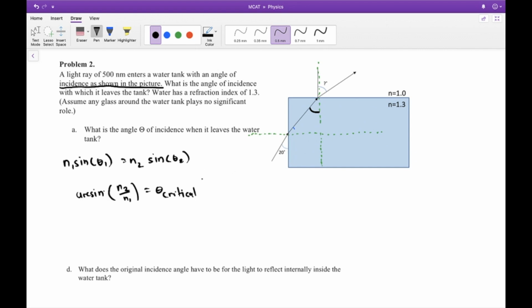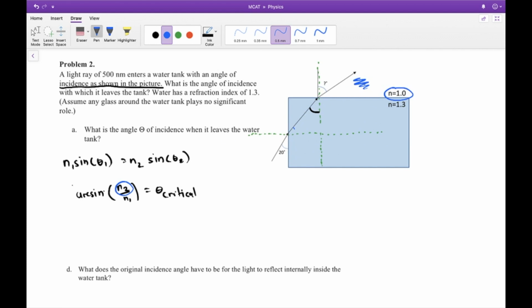Okay, so I went ahead and fast forwarded to writing the equation down for the theta critical. So we have our two n values, and we can find our theta critical. So n2 in this case is going to be which one? This is where you have to be careful that you orient yourself correctly. n2 is going to be the outside air in this case, because we're trying to find this angle, right? This angle.